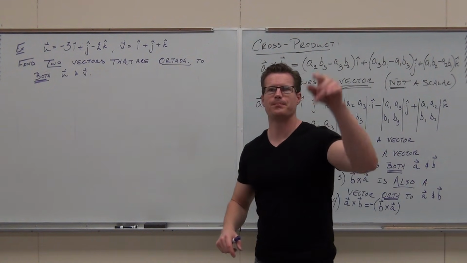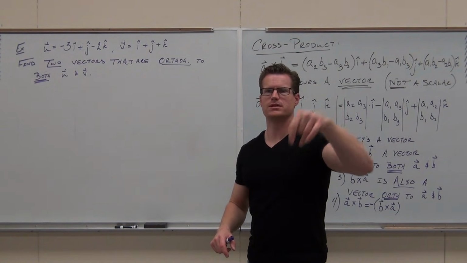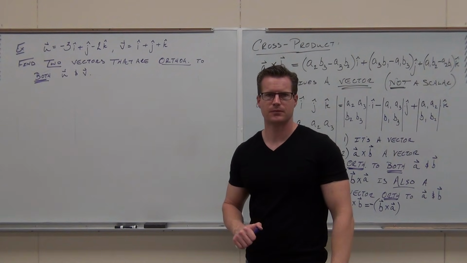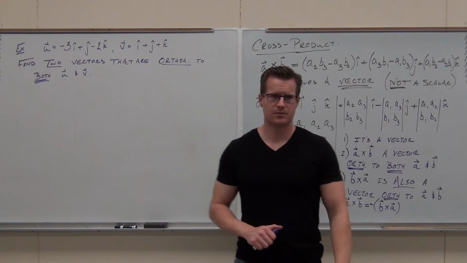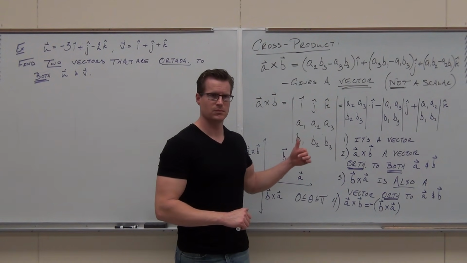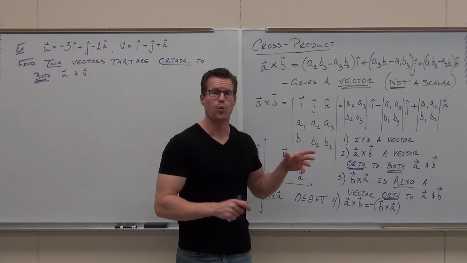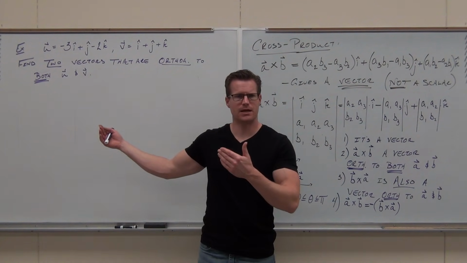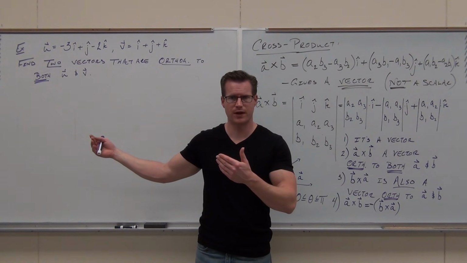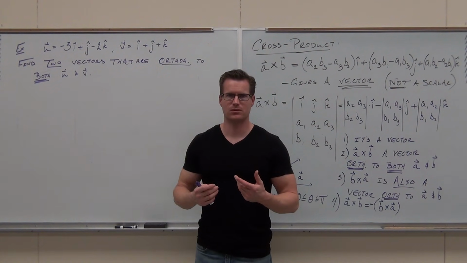Okay, rapid recap. What's a dot product give you? Scalar. What's cross product give you? Vector. A vector that is orthogonal to whatever two vectors I give you. So when I ask you, find a vector that is orthogonal to two vectors, what am I really asking you?